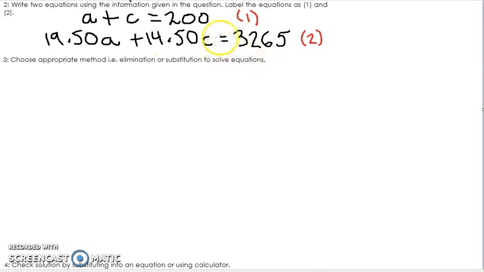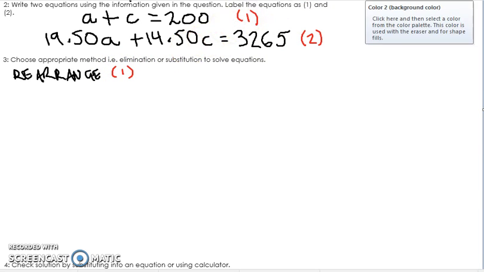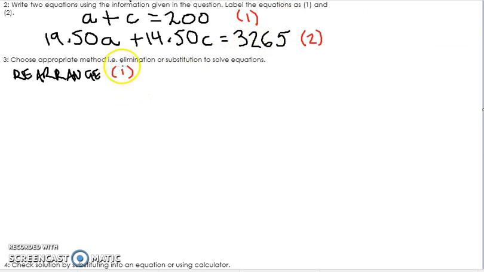But what I'm actually going to do is rearrange equation 1, so that I can substitute A equals something into the second equation.